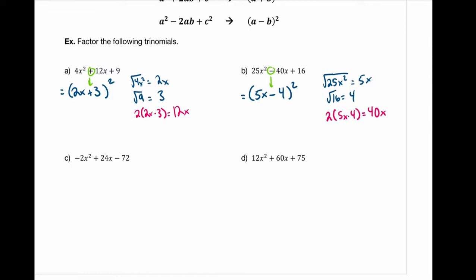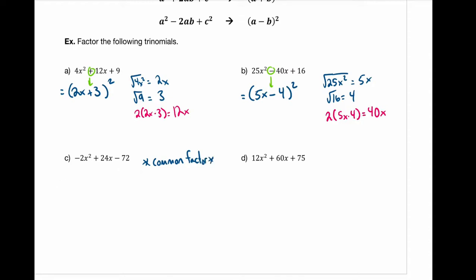For C, again, I could look for numbers that, well, let's look. I can't actually take the square root of a -2. So right off the bat here, I can't solve this as a perfect square trinomial. However, what you want to do always is check to see if you can common factor.